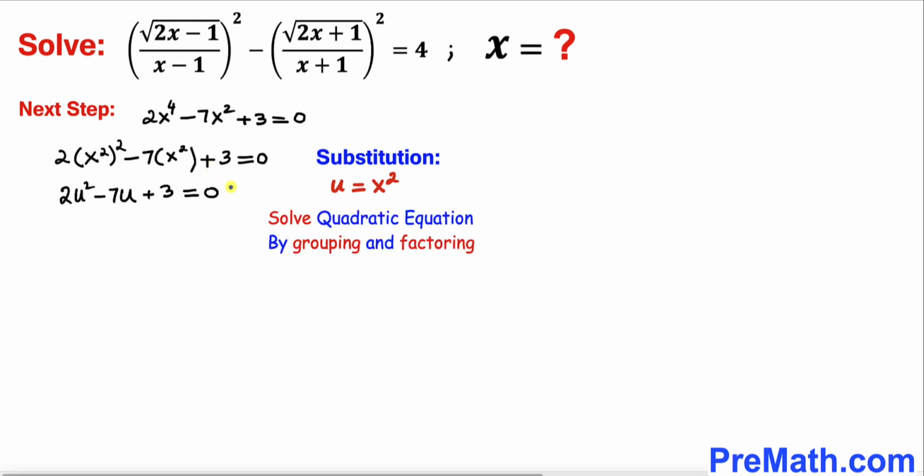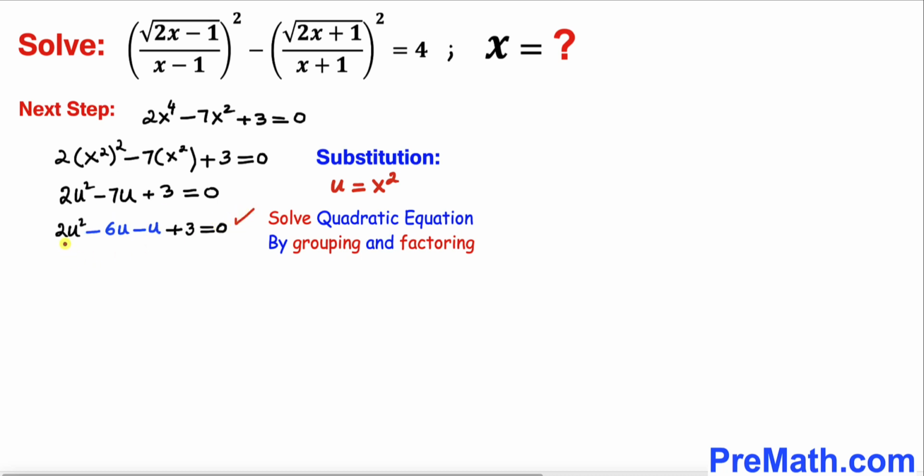And now we can see that this is our quadratic equation, and we are going to solve it by grouping and factoring. So therefore, I am going to tweak this negative 7u as negative 6u minus 1u, as you can see in this next step.